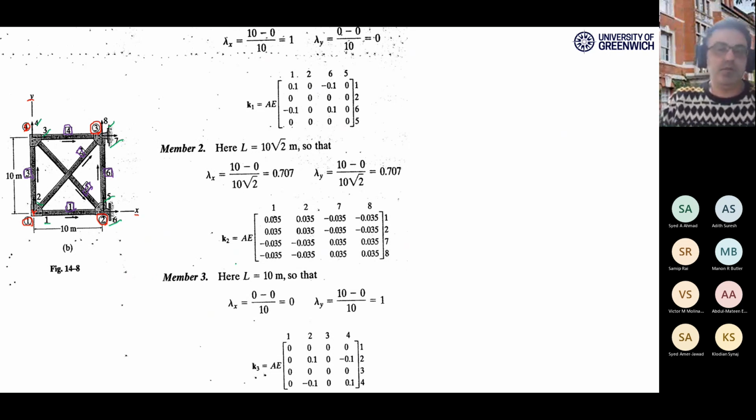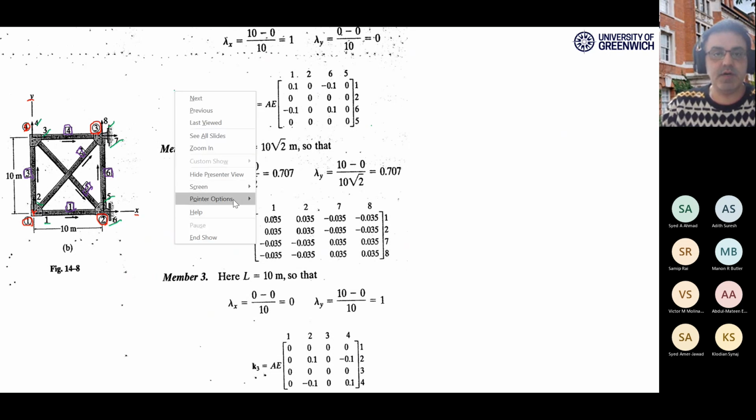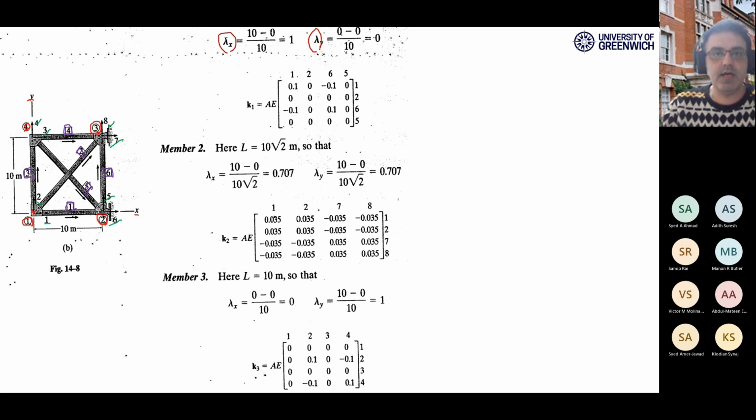But if you do want to individually do that, still it's okay, and you need just to repeat everything 6 times by calculating lambda x and lambda y.